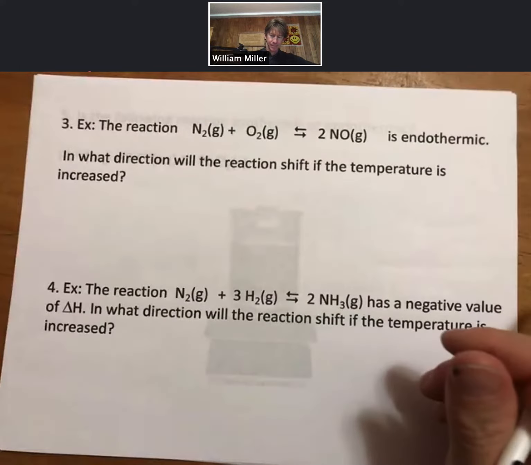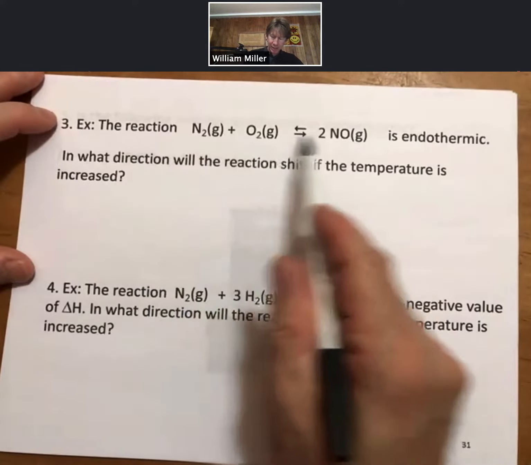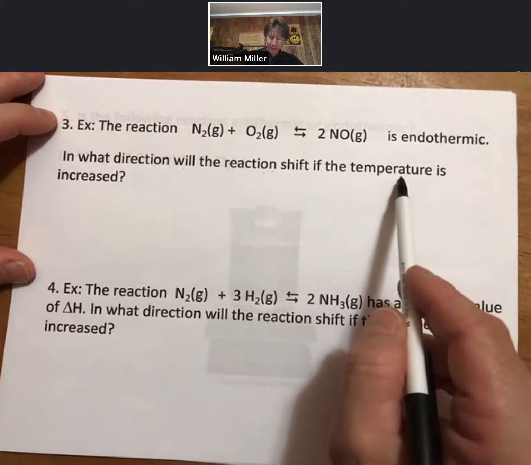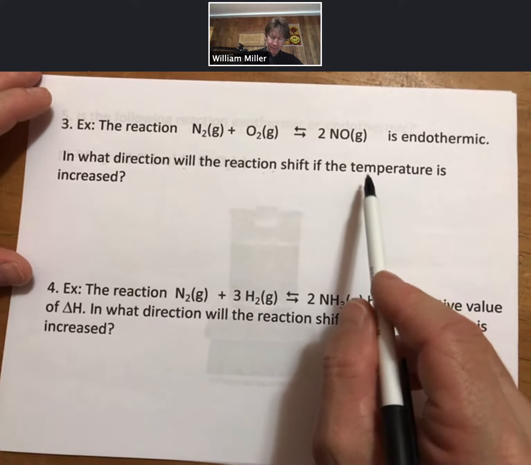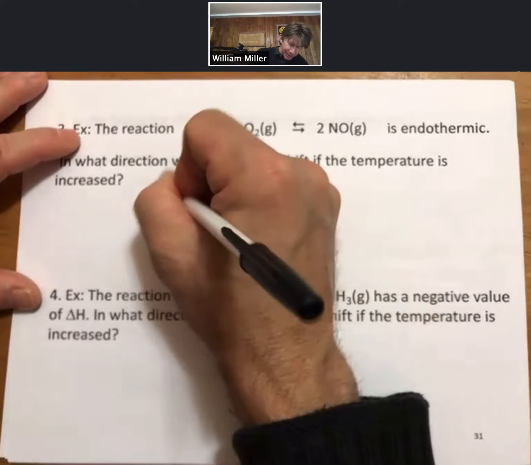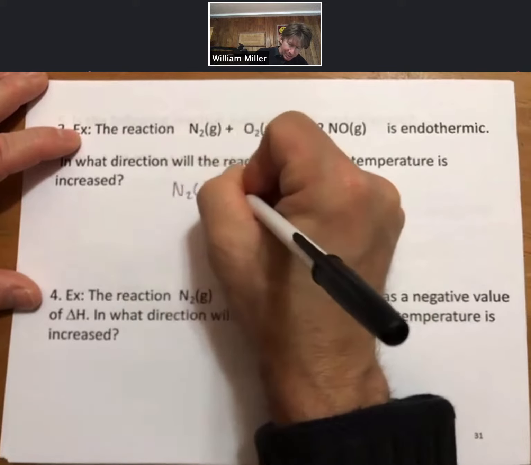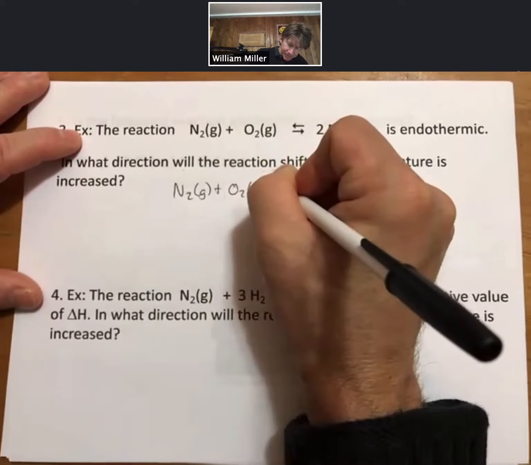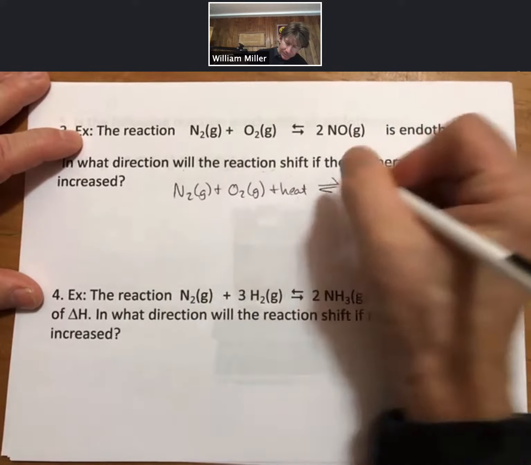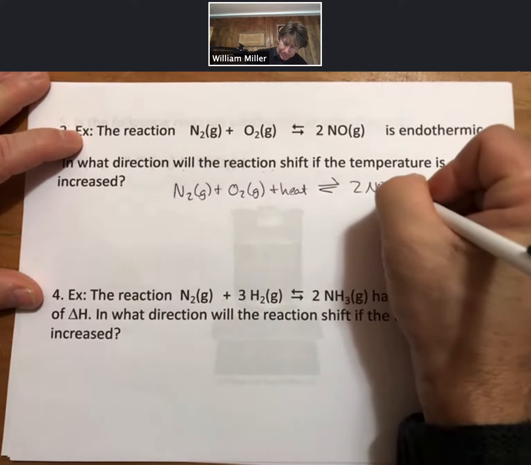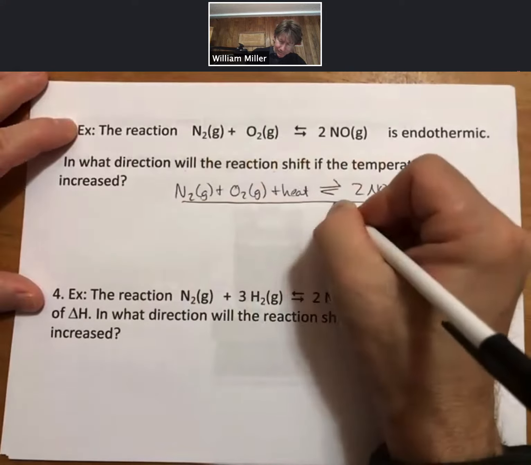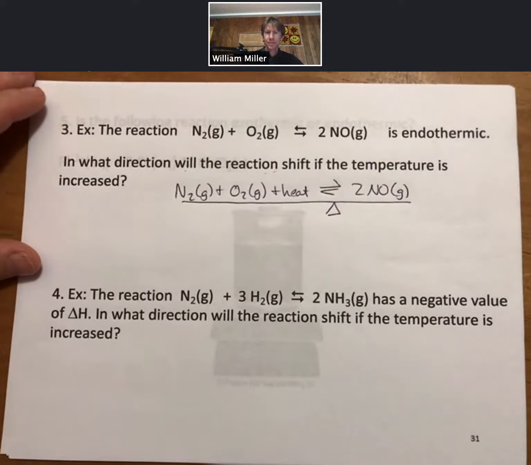All right. So here we have an endothermic reaction. In what direction will the reaction shift if the temperature is increased? So here's my process for this one. N2 plus O2 plus heat goes to 2NO gas. We're at equilibrium.